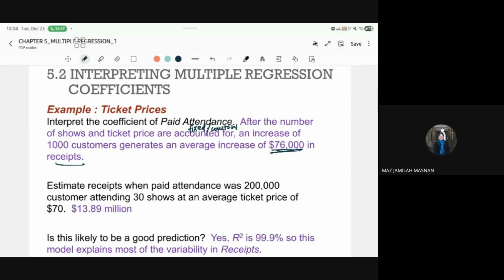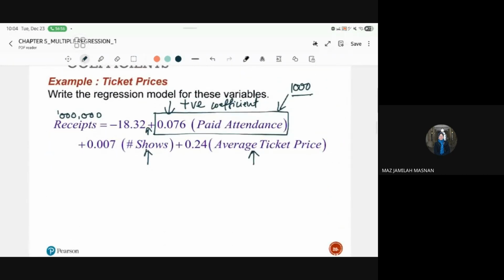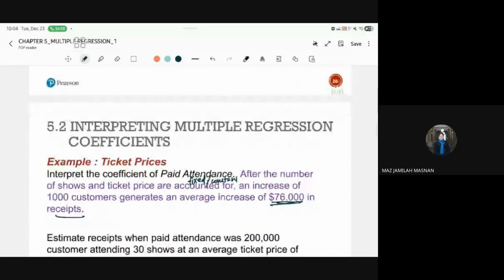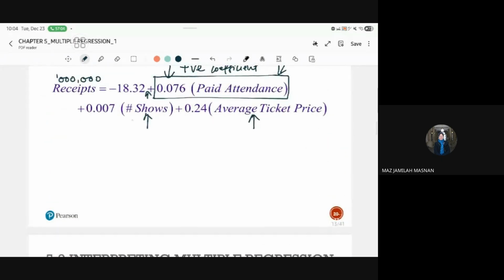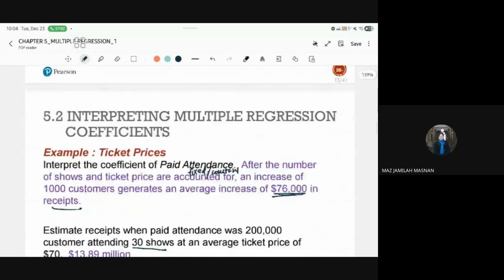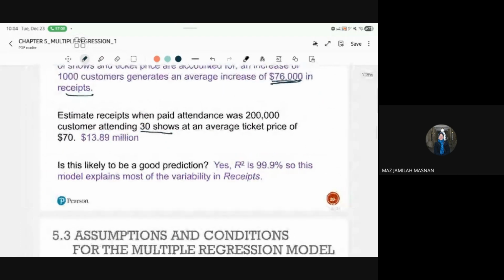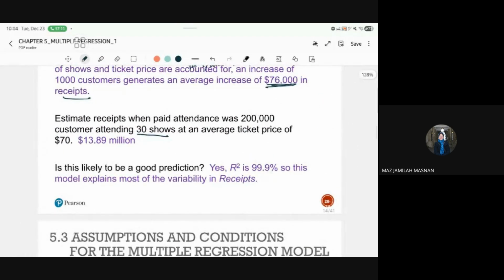Okay, estimate the receipt when paid attendance is 200,000, attending 30 shows, with an average ticket price of 70.